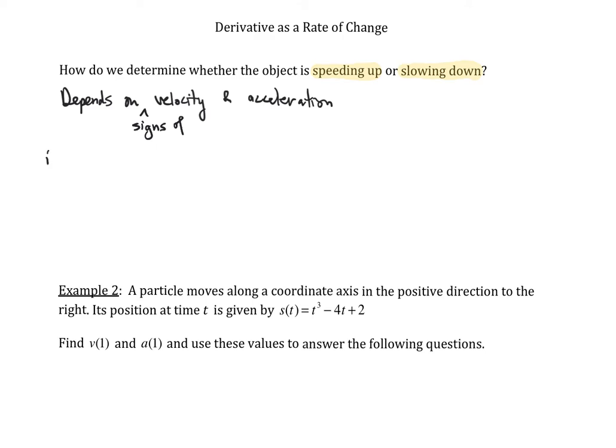Now, I don't want to keep writing the words, so I'm going to put v of t. If v of t and a of t have the same sign, the object is speeding up.